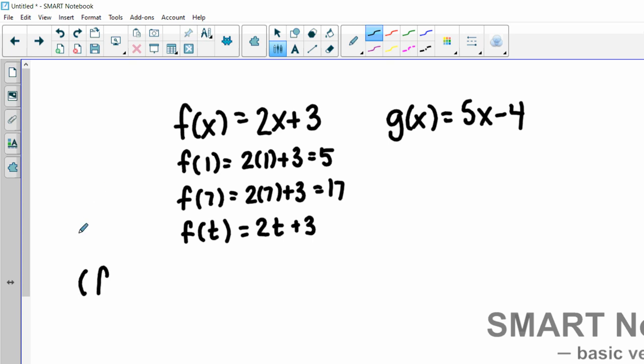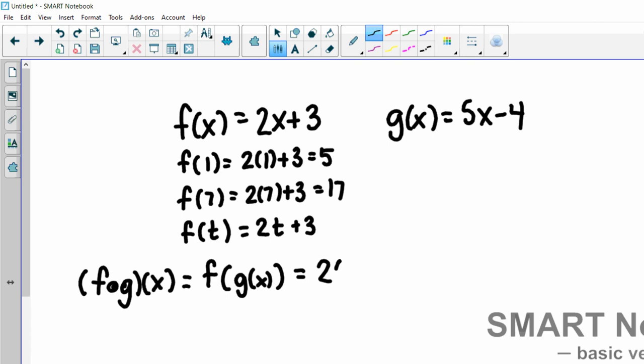Here, pretend that's an open circle. If that says f of g of x, we said that means f of g of x. Now we know f of x looks like 2x plus 3.